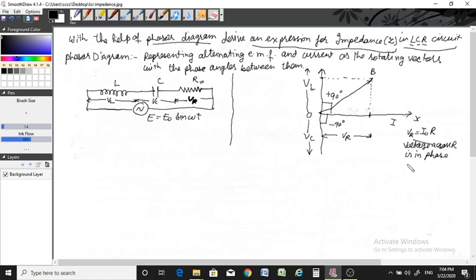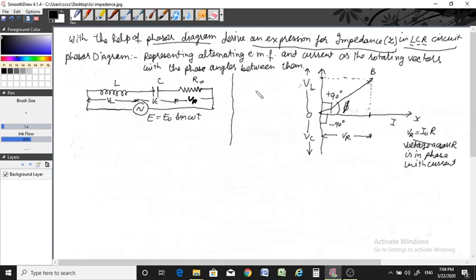Phase with current means there is no angle between the voltage and current, but in this case this is the phase angle phi.